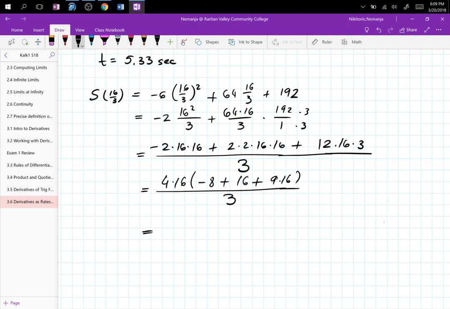Nine times 16, that's 144, minus 8. So 4 times 16 times 10 16ths, so 160, 152. 1 plus 5 is 6 plus 2. None of this is divided by 3. Wow.